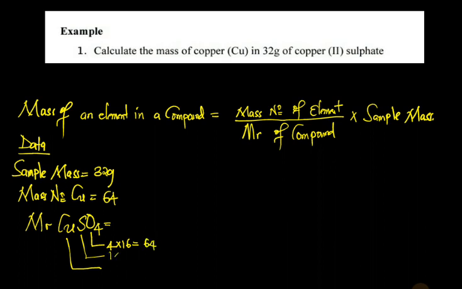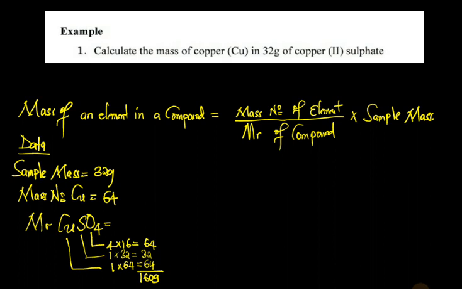We have 1 sulfur, mass number is 32. We have 1 copper multiplied by mass number 64. We get 64 there. So let's add now: 64 plus 64 plus 32. I'm getting 160 grams per mole. Or we can just leave it as 160 grams.